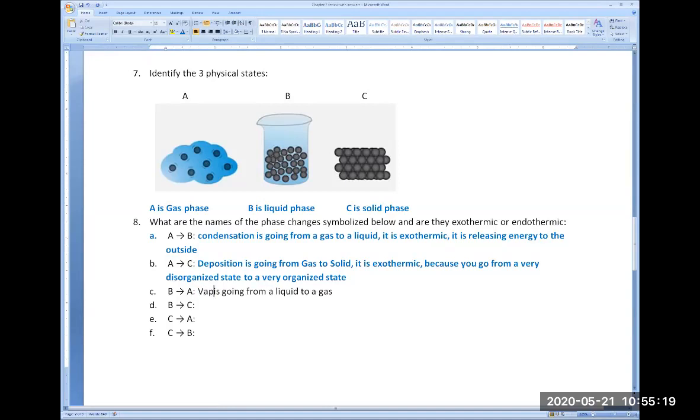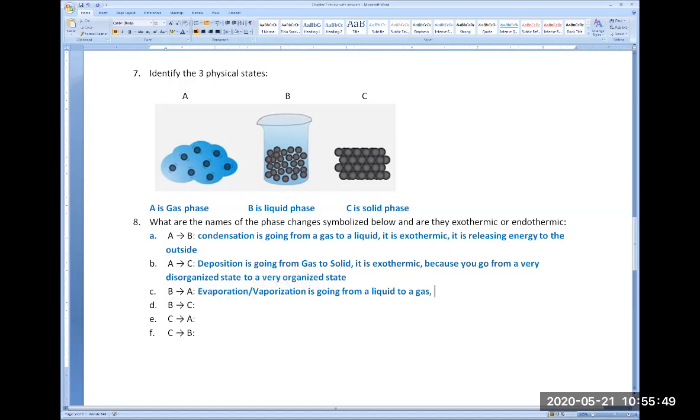We hear that word much more than deposition, for example. Vaporization, also evaporation. Let me write both because both are correct. In both words, you see vapor there, right? It's when you go from a liquid phase to a gas phase.